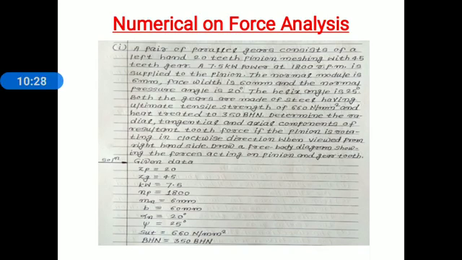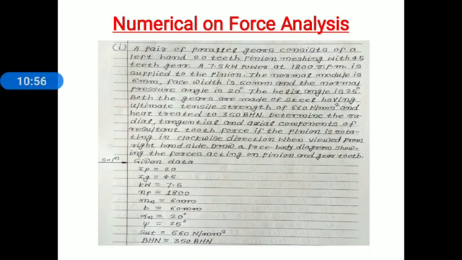A pair of parallel helical gears consists of a left-hand 20-teeth pinion meshing with a 45-teeth gear. A 7.5 kilowatt power at 1800 rpm is supplied to the pinion. The normal module is 6 mm, face width is 60 mm, and the normal pressure angle is 20 degrees.